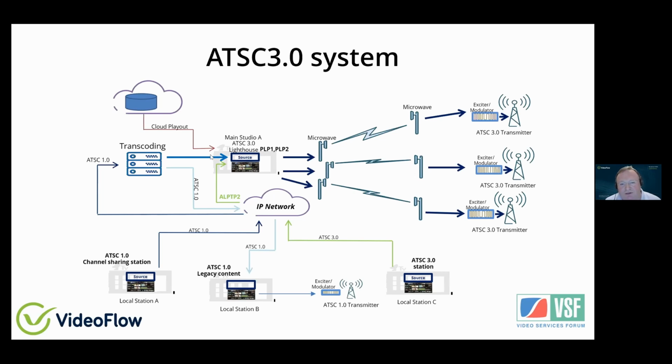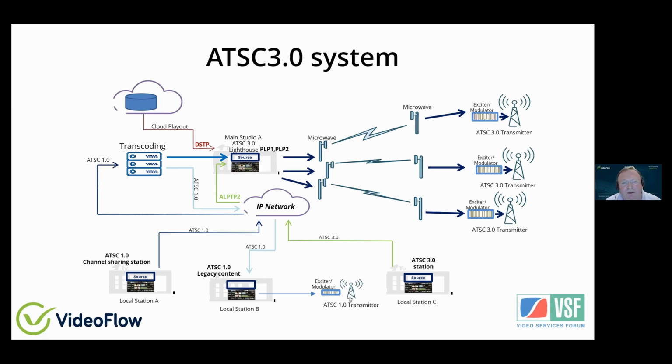So it will send its own HEVC content, transcode it to MPEG-2, and then send it as ATSC 1.0 to a legacy content station, and that will co-share that on its transmitter. So this is the big ball game that we now see as an opportunity for us to make some good sense and maybe business.